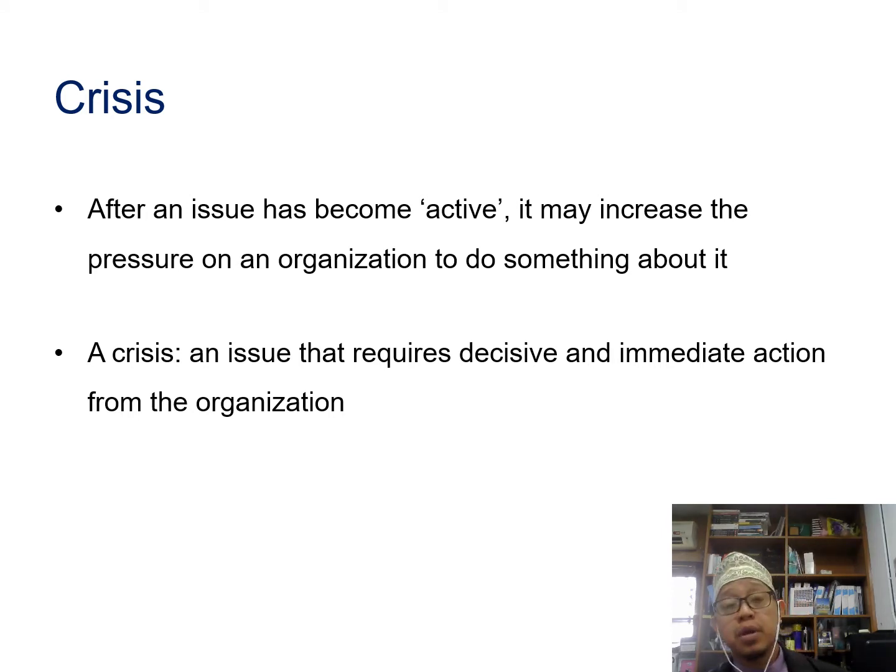For example, when the public don't want to use the coupon or the ticket for parking, and they always leave their vehicles without the parking ticket, and they are summoned by the officers, or the enforcers, but they don't want to pay, then after all it becomes a crisis in society involving the public.